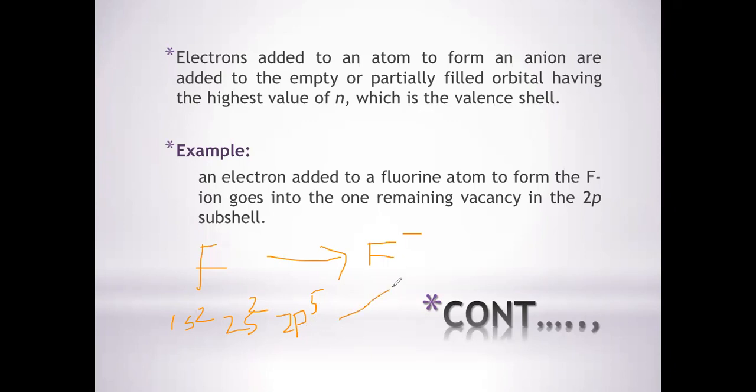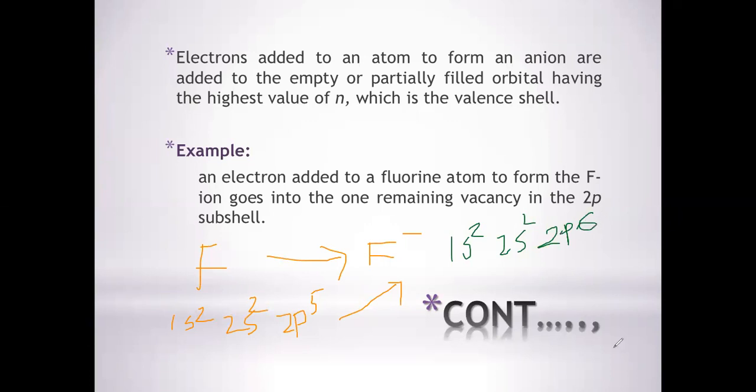So to become F minus, it will add the electron to the highest valence shell: 1s2, 2s2, 2p6.